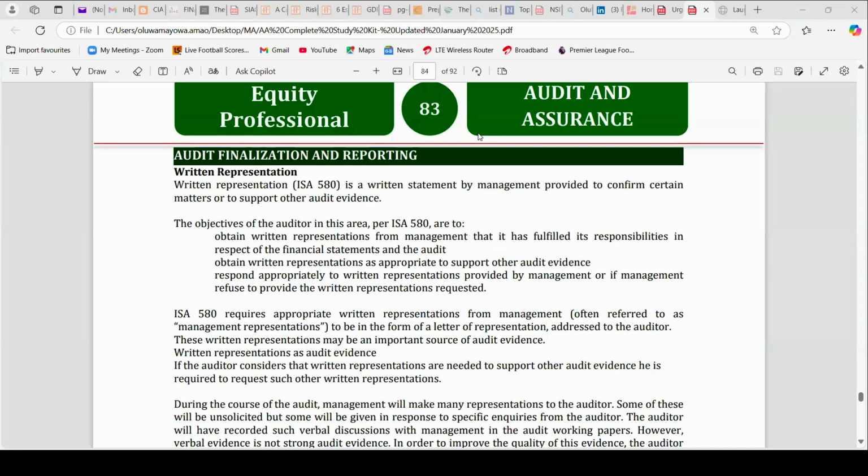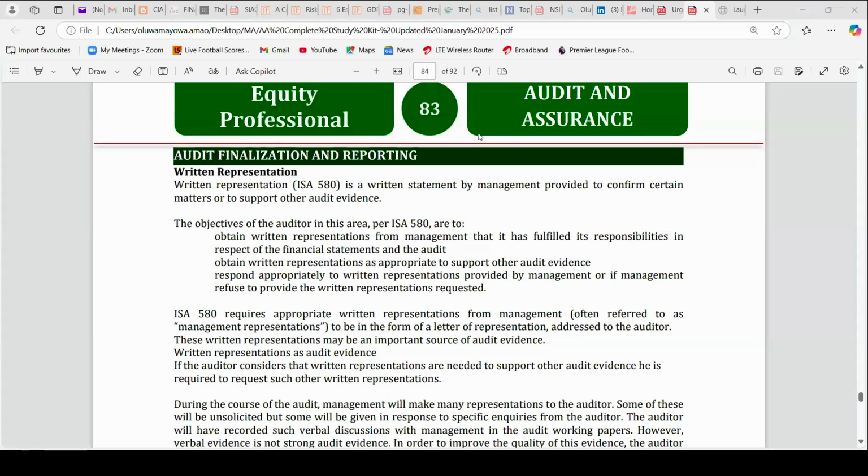Now, what is the form, or what does written representation look like? The thing is that written representation is usually drafted by the auditor. Now, listen carefully to what I'm saying. Written representation is usually drafted by the auditor and addressed to management, but it's management that will sign it off.